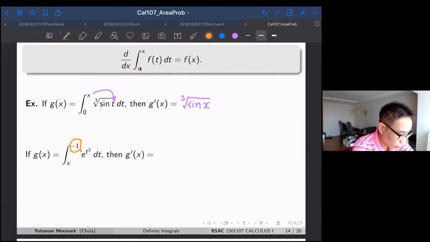You have to flip this one, giving the integral from negative 1 to x of e to the t squared dt.